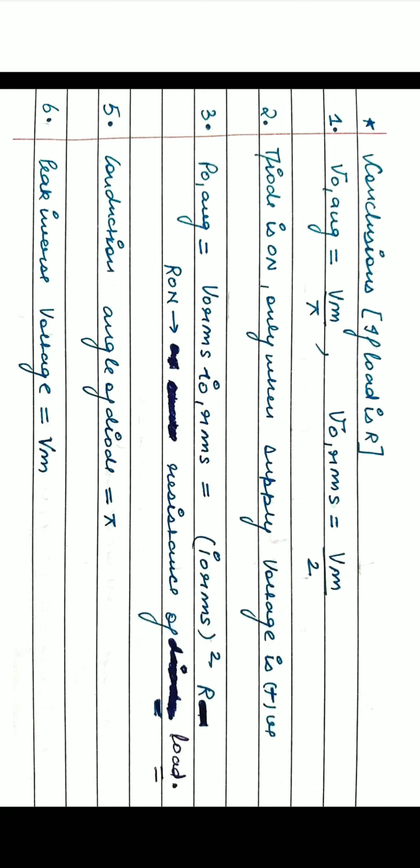P naught average is the average power consumed by the load. Average power consumed by the load is V naught RMS into I naught RMS. You may ask why we are taking RMS values and not average values. Whenever we talk about resistance, the resistance consumes RMS power, so we relate it with the RMS concept only.